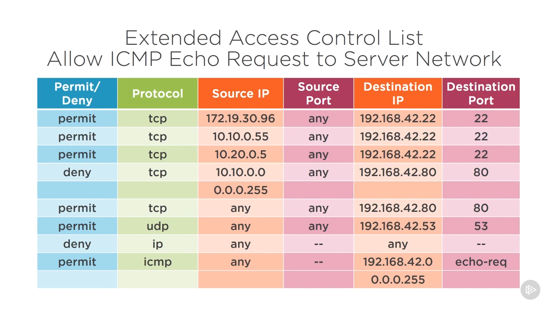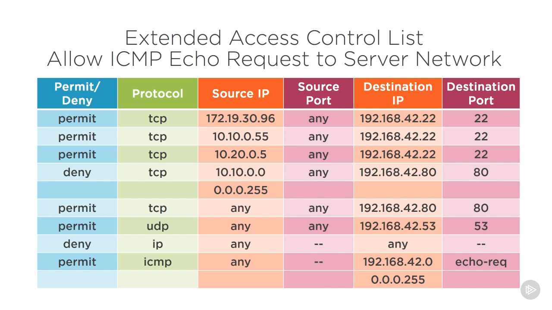And then in the destination port here, I cheated a little bit. There is no destination port. However, with ICMP, we can actually specify that we want to only select echo request messages instead of all of the ICMP messages. This way, we're just limiting it to ping requests and nothing else.